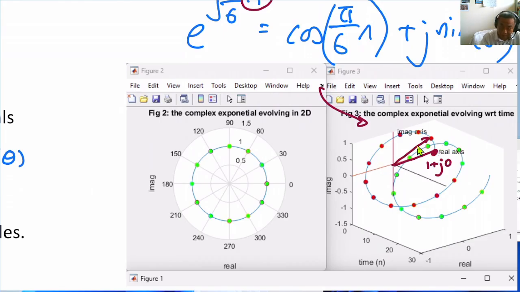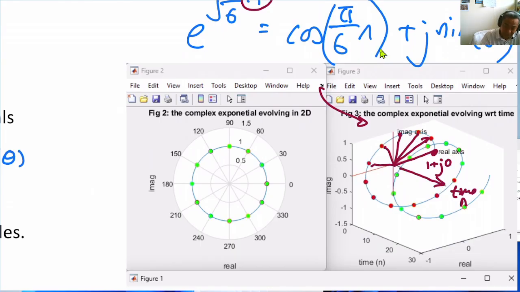And as we increase n again, this will be the third sample, the fourth sample and so on. And this is a rotating phasor because along this axis over here, this is time, time in the discrete sample space. So its time is n.